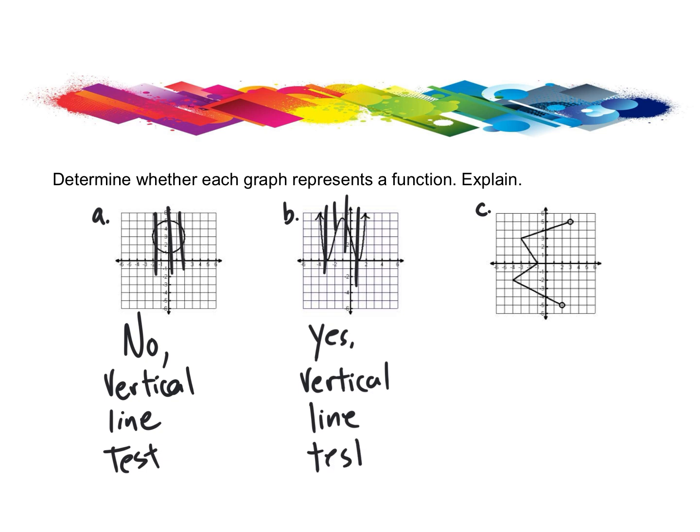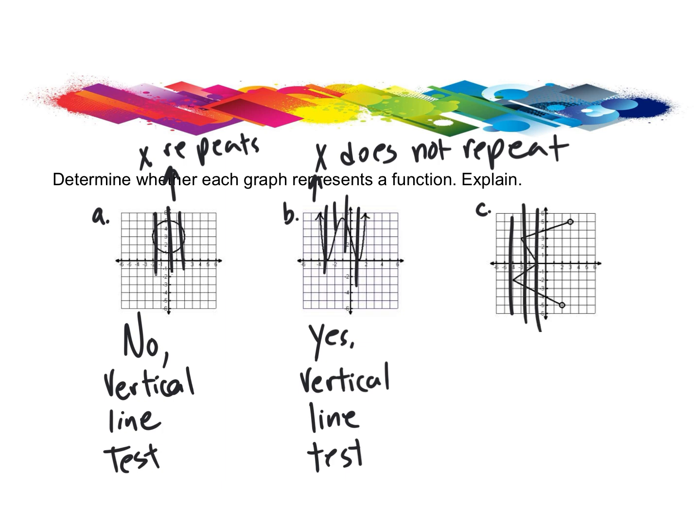You could also put that the x doesn't repeat as an option, as well as for the first one, you could have written down x repeats. For C, we can draw a vertical line. And actually, in some of these places, even more than one line touch. For example, right here, it touches 4 times in that yellow highlighted area.